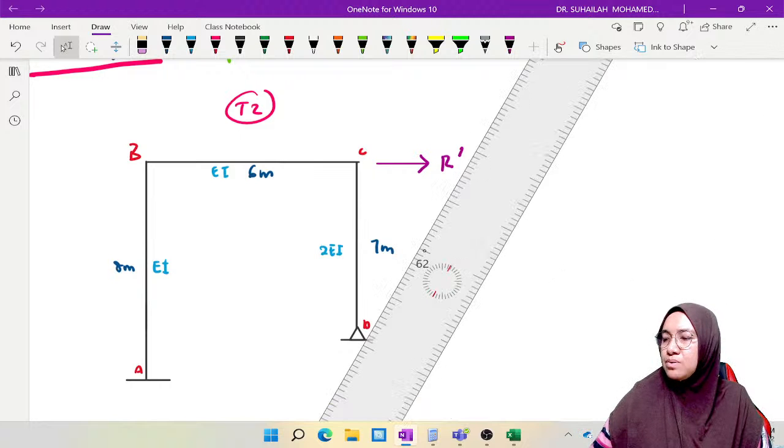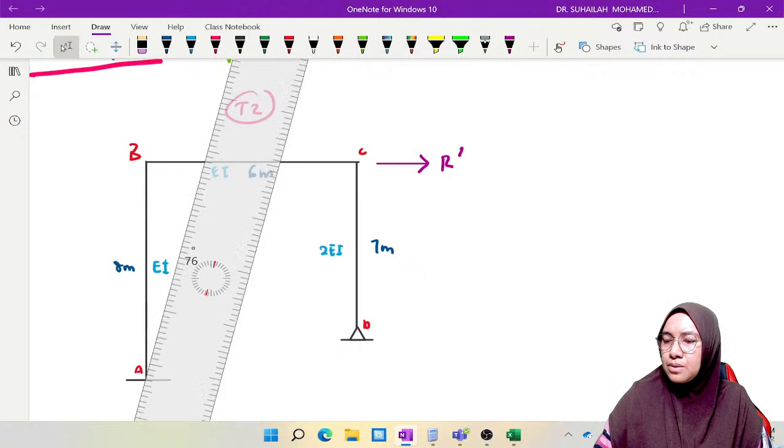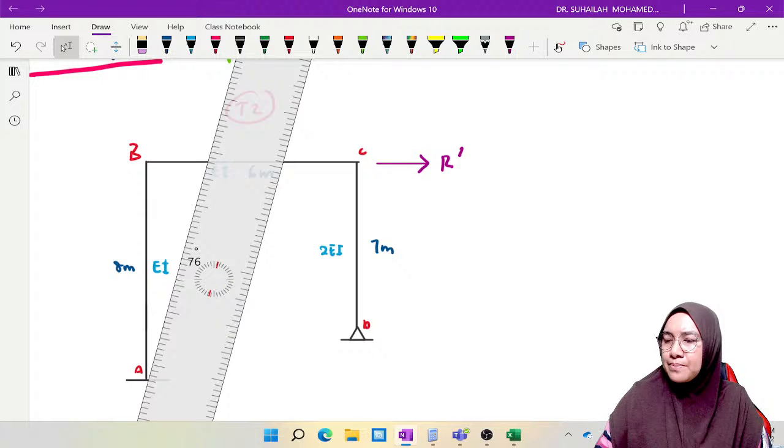Okay. So due to R prime, we will have delta prime.